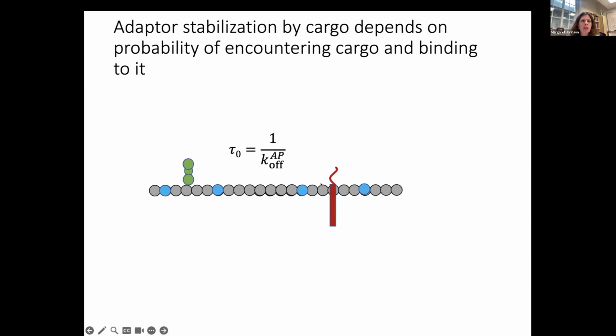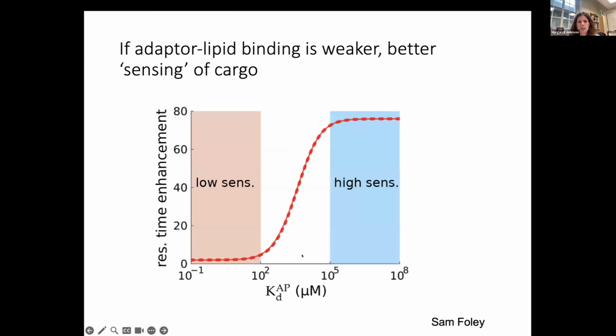So I have my protein on the membrane. If it binds a lipid, its residence time is just controlled by this off rate. If you give it lots of cargo, though, you can imagine that its residence time is going to increase, proportional in some way to the affinity for the cargo and the number of cargo, right? If there's 0 cargo, how could it possibly stabilize you? We've done some analytical theory of these models to show that there are regimes where the cargo can really enhance your residence time.